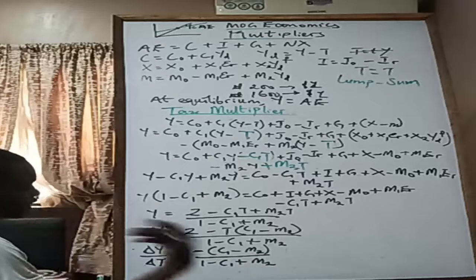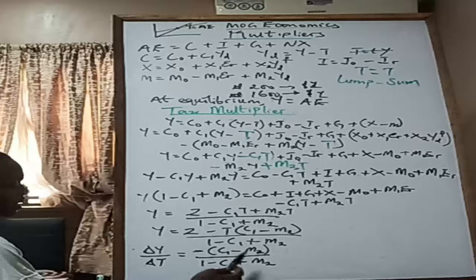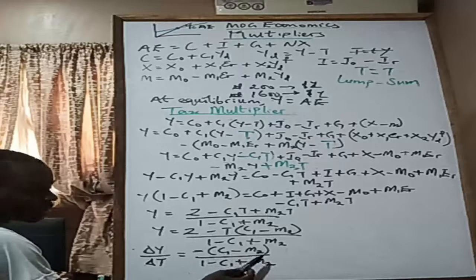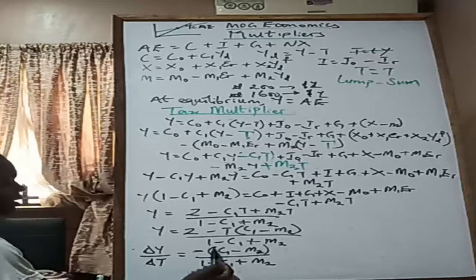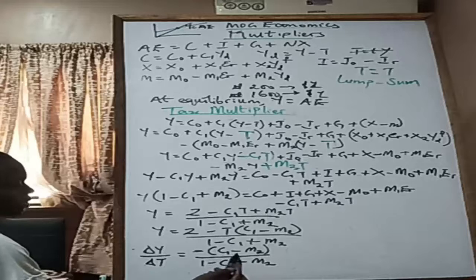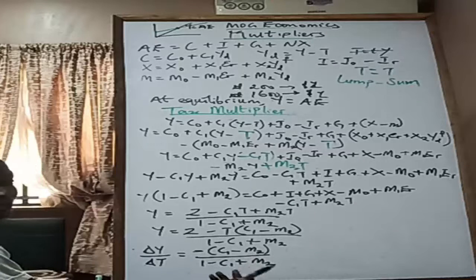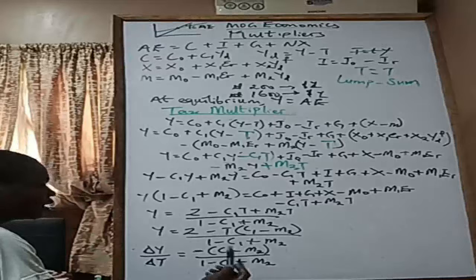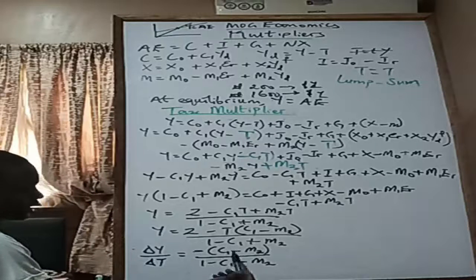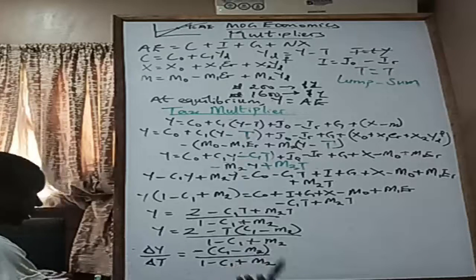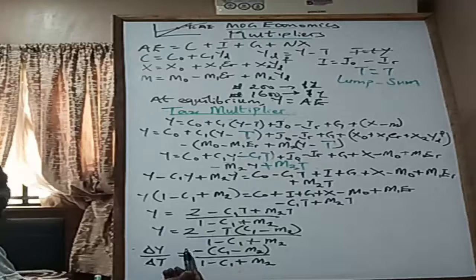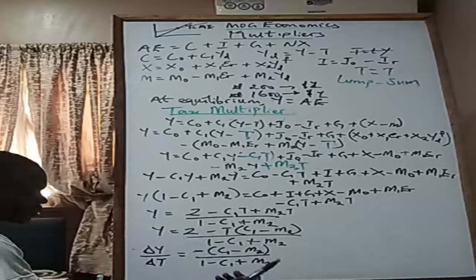If you look at it, theoretically, MPC will be more than the marginal propensity to import. So this might be like 0.6, and this may be like 0.15. You still have to save. So when you do that, this will be greater than this, theoretically. There's a minus in front of it, so the whole numerator becomes a minus.